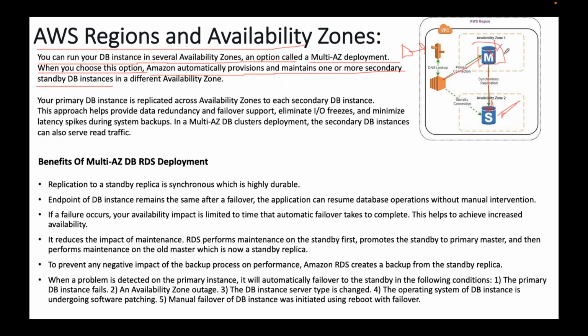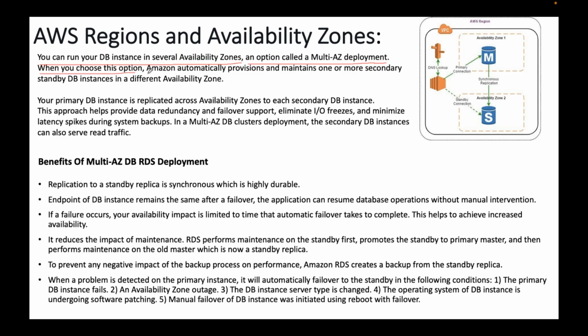And let's assume something goes wrong with primary. The failover or switchover will automatically happen. You no need to worry. So when you create an RDS instance, you can run RDS instances in several availability zones. There is an option called multi-AZ deployment.